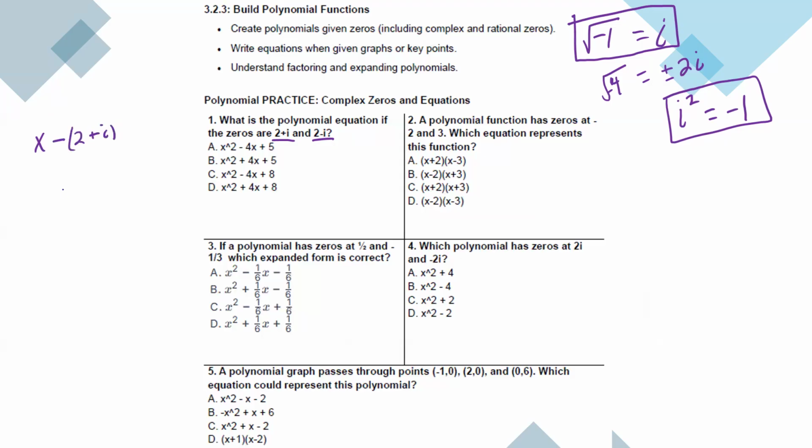That's one factor. My other factor is going to be x minus 2 minus i. Okay. And then all you're going to do is clean these up and multiply.